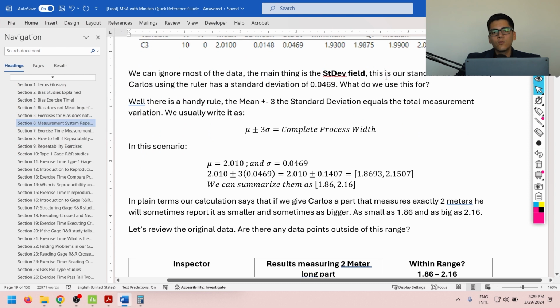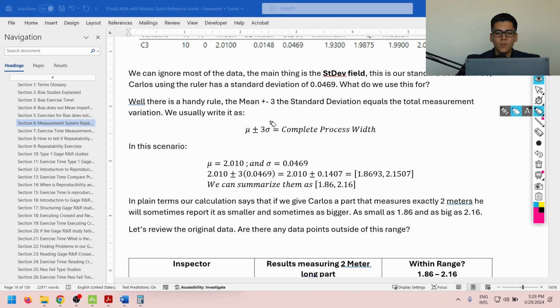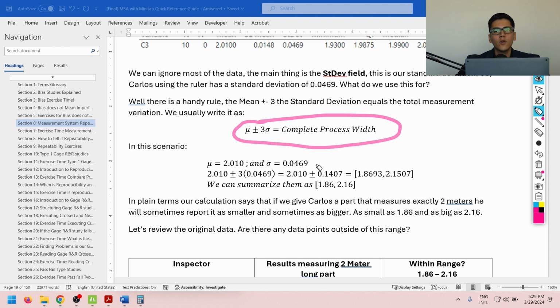There's a handy rule in statistics that allows us to determine the overall variation that a person or process will generate. We call this the mean plus or minus 3 times the standard deviation, which will provide us with the overall process width. In this scenario, the mean is 2.010 and the standard deviation is 0.0469.